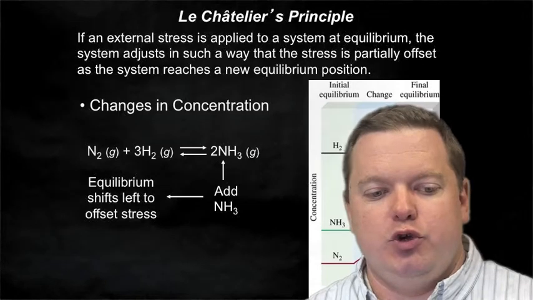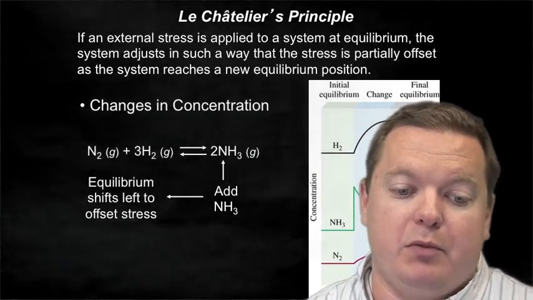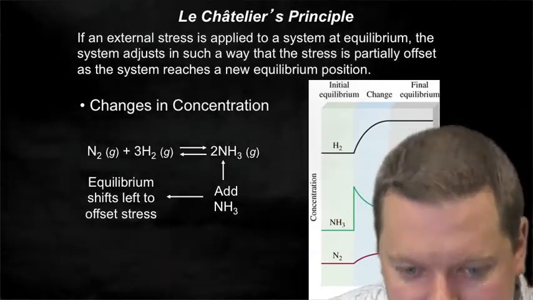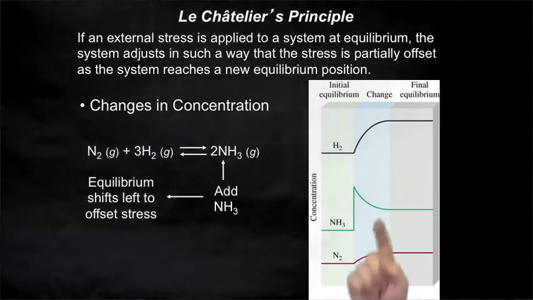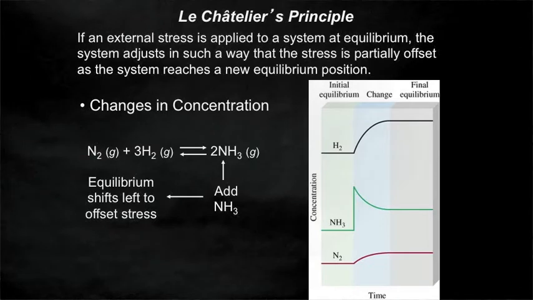We have N2 plus 3H2 gases in equilibrium with 2NH3. That's you behind me here. So if we add some NH3 to this system, as shown in this figure, all of a sudden we are at equilibrium and have a new introduction of some additional NH3.